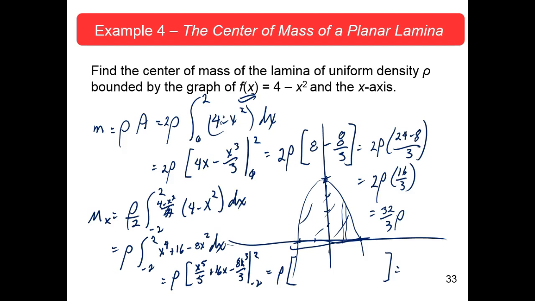No, because didn't we do M sub x earlier? No, we did M sub y before. Okay, the x bar is coming out of the M sub y. Remember, they're backwards. This is where your y bar is coming from, the M sub x. Yeah, we did M sub y, and that came out 0. Now we're doing M sub x, which will not be 0. I'll guarantee that one.